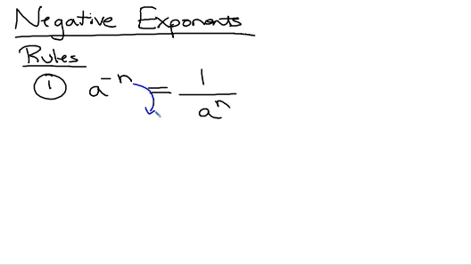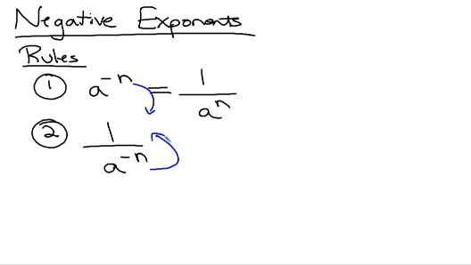All right? By the same token, if I have a negative exponent in the bottom, like 1 over a to the negative n, it goes to the top and becomes positive.